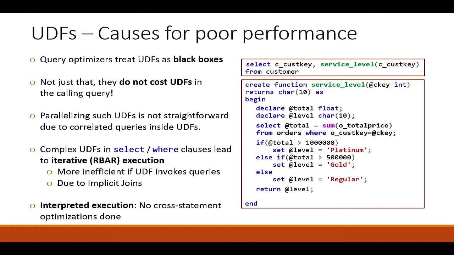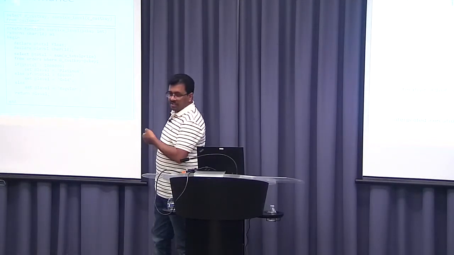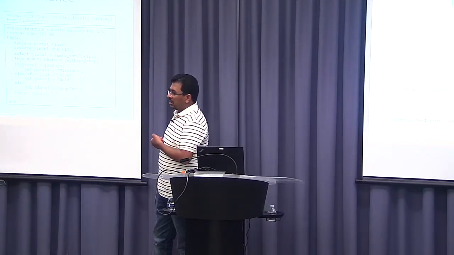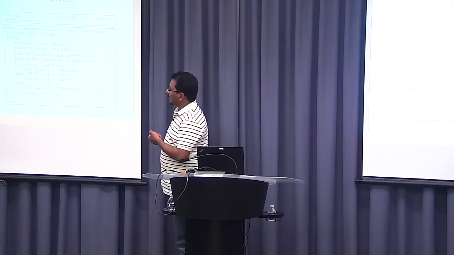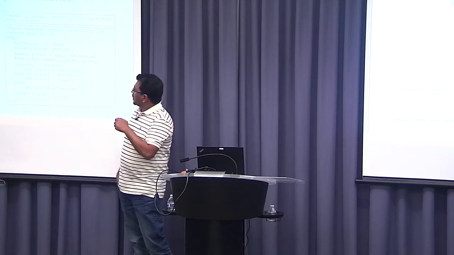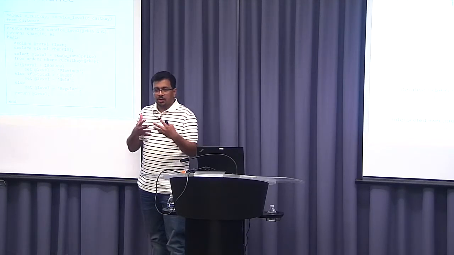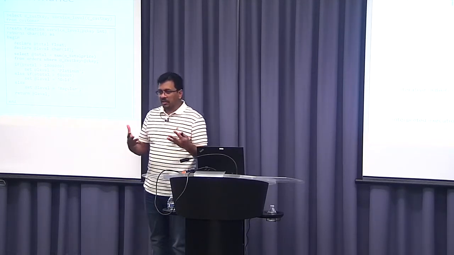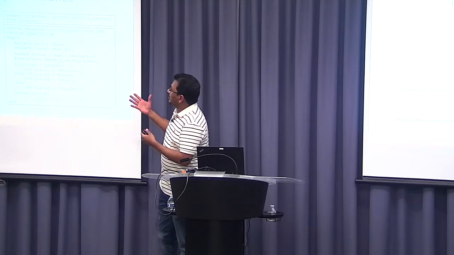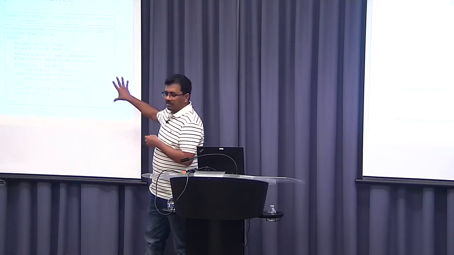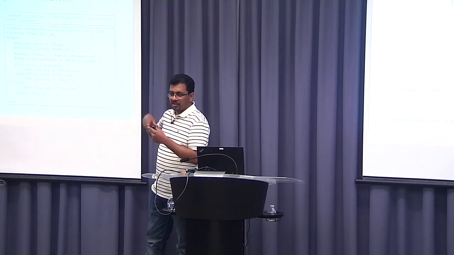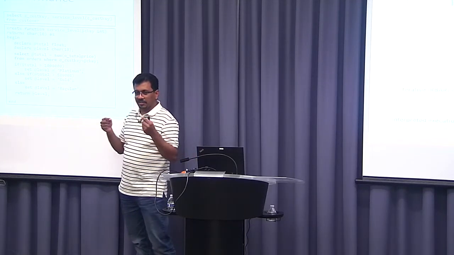So a database person will be able to see that this is actually a join between customer and orders, and a group by on customer key with this aggregate function, but this is implicit through function invocation. There is no explicit join in this program. But if the optimizer does not look inside this UDF during query optimization, it cannot figure out that there is actually a join that could be done here.